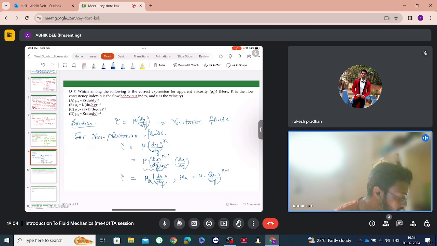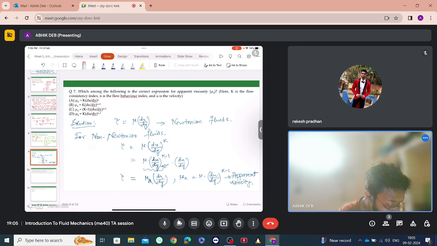So this is the apparent viscosity, and it depends on the rate of deformation as well as this value k, the flow consistency index. Or sorry, the flow behavior index.